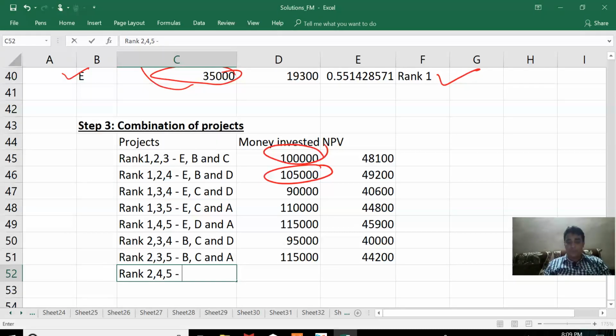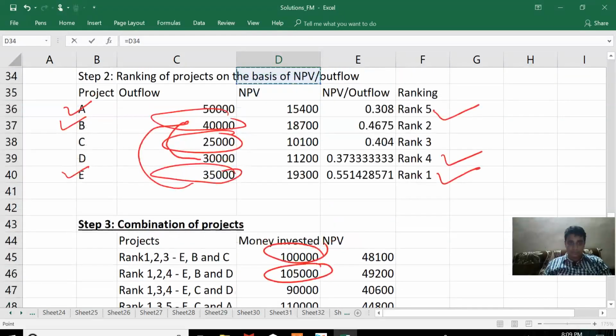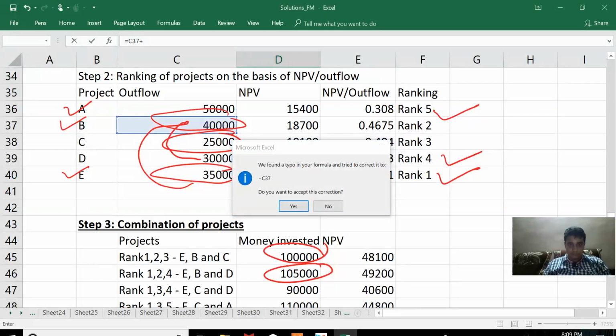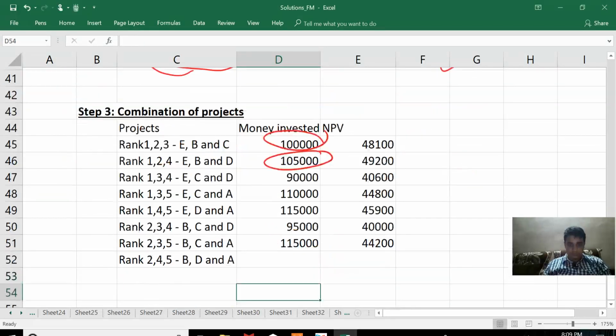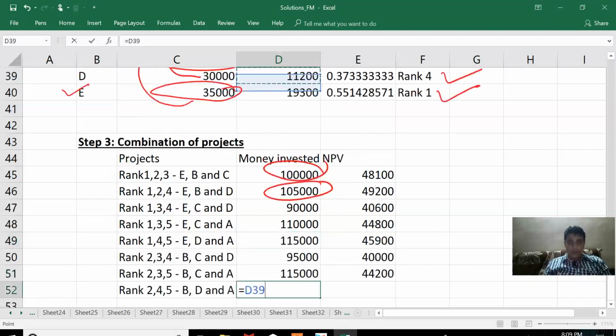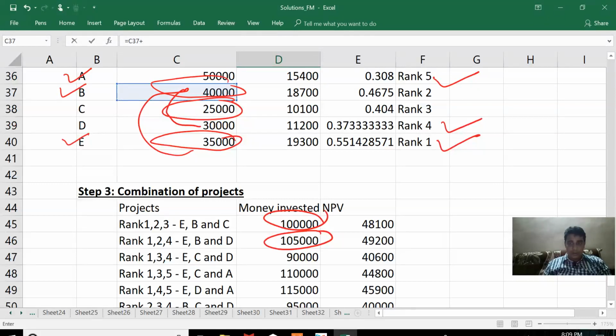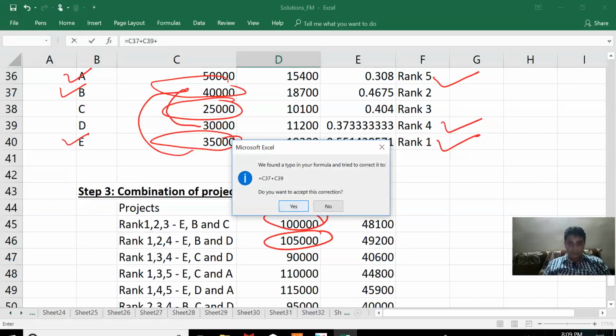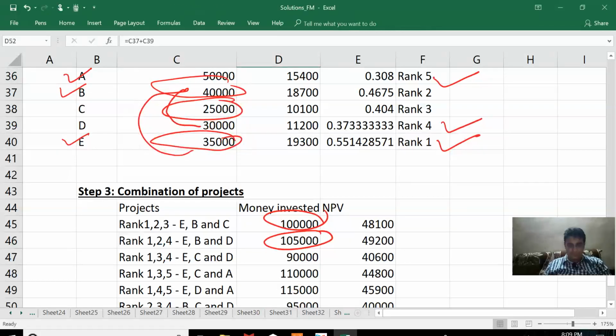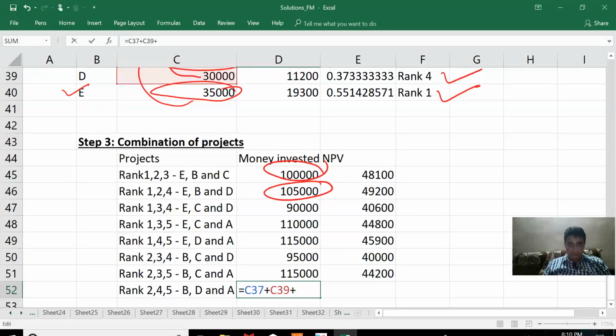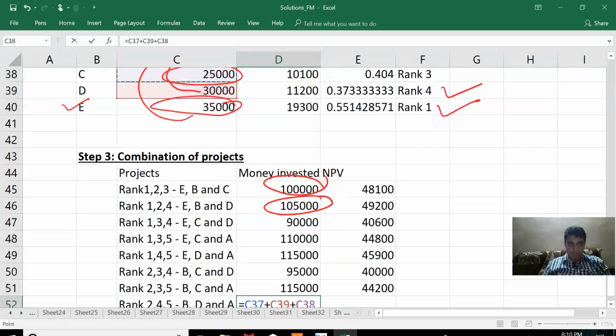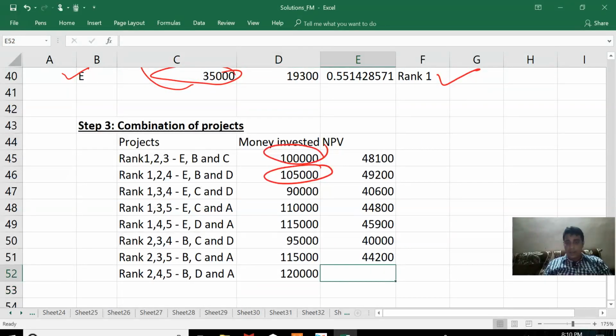You are just trying to arrive at various possible combinations. B, D, A. Project B, project D, project A. 1,20,000 possible.